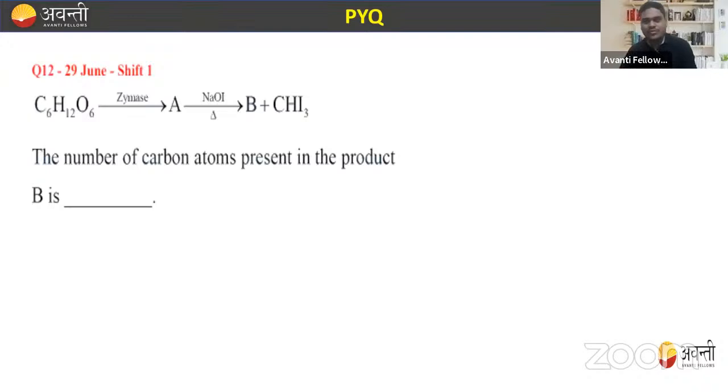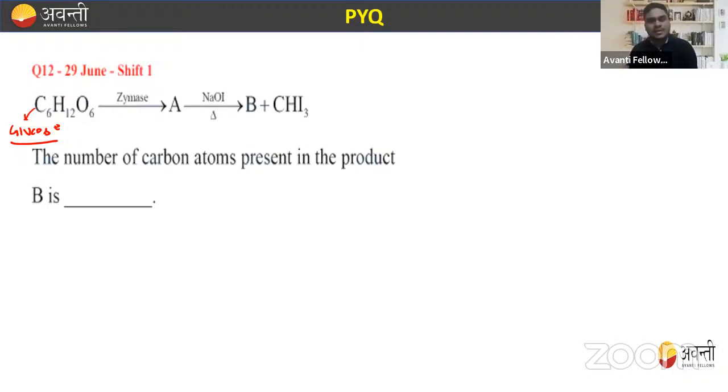Now, a few questions back we learned that zymase is used for the conversion of what into what, right? So in this question, they are asking about C6H12O6, that is glucose. So this is nothing but glucose. When glucose is treated with the enzyme zymase, A is formed. Now when this A is treated with NaOI, then B plus iodoform is formed.